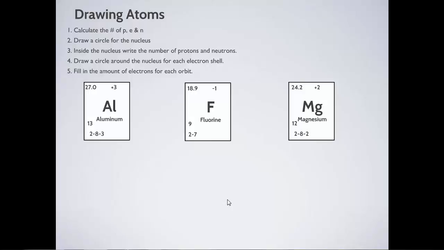So we know in aluminum, how many protons are there? 13. And there must be 13 electrons. And if we add up those numbers, they add up to 13. Okay? So the electrons that surround the nucleus, they're not just randomly spread around. They have a certain pattern where they are found.